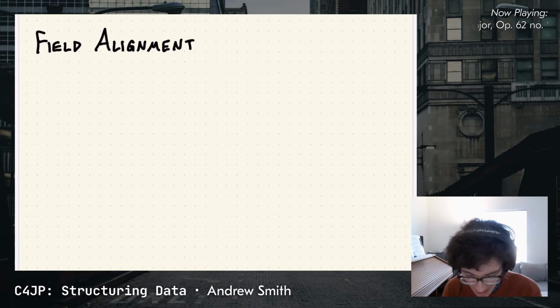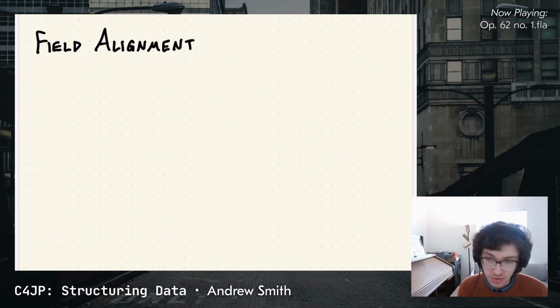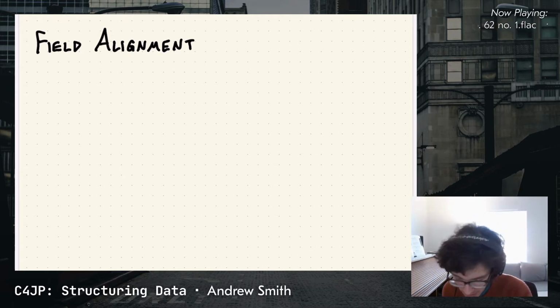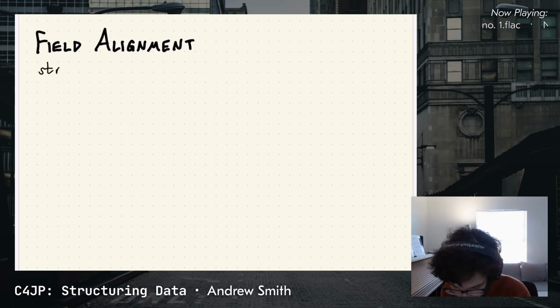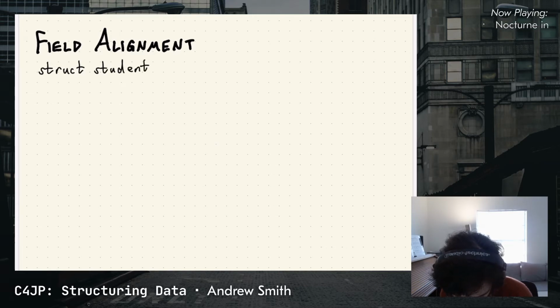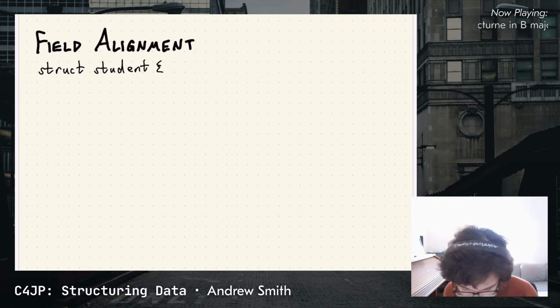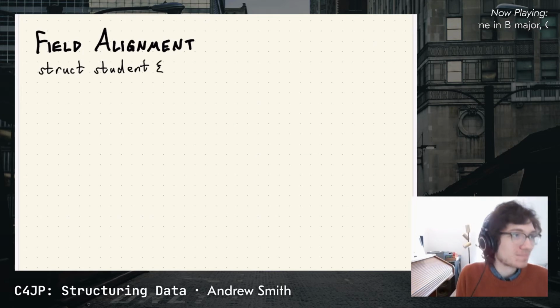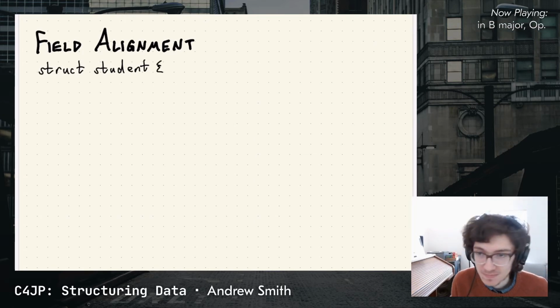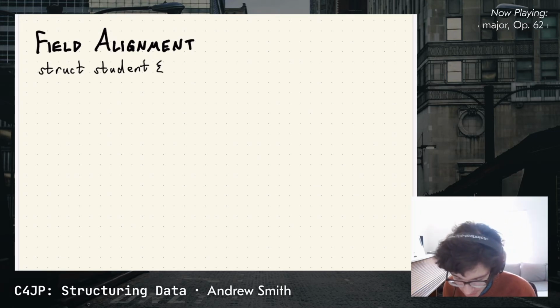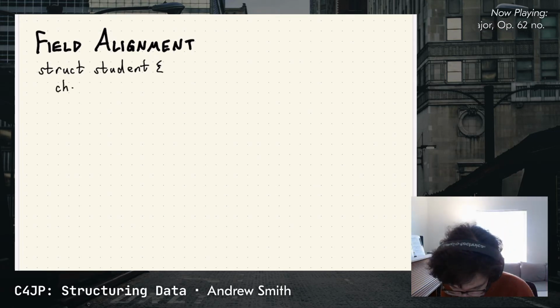So, let's say that we're actually going to go ahead and write out our struct student here. There we go. There's our student, and there's a terrible curly brace. I'm usually pretty good at writing these. Okay, there we go. So, struct student. Our struct, as its first field, had a char pointer called name.